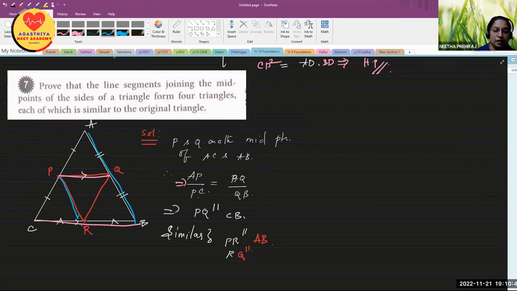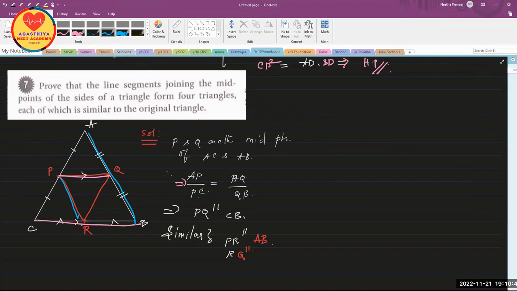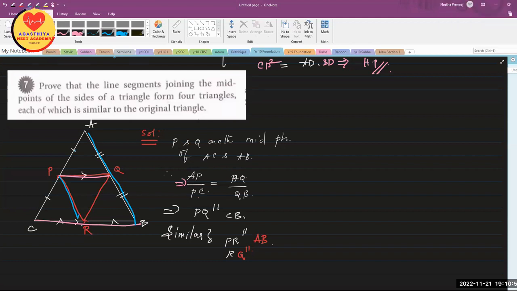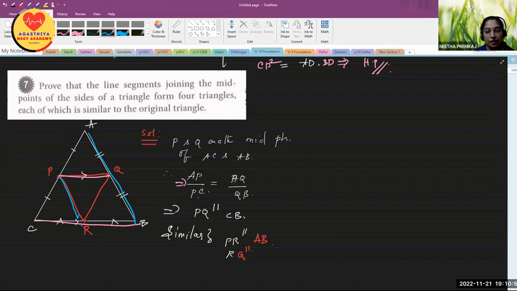The reason is these two ratios, CP by PA is equal to... RQ is parallel to CA. You can write CA, the entire side.